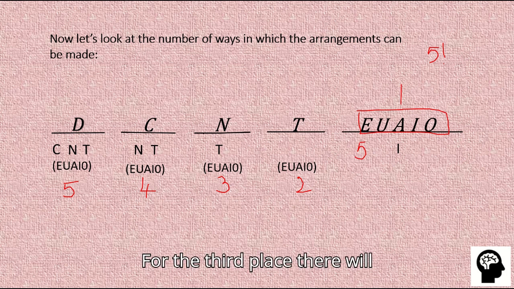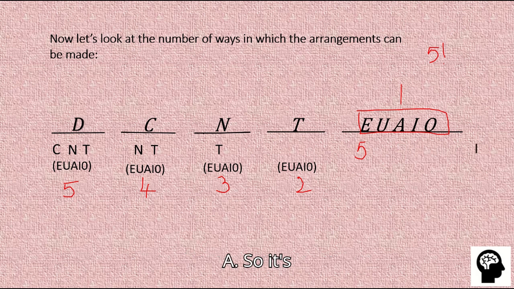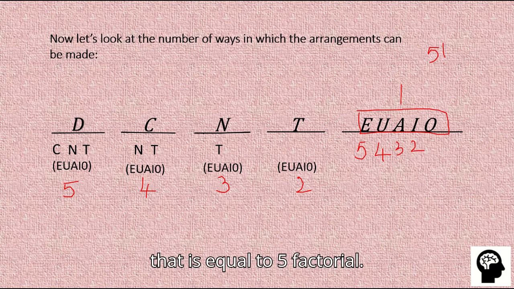For the third place, there will be 3 options including A. So it's A, I and O. For the fourth place, the options will be 2, including I. So it's I and O. In the last space, the only option is O. So it's 5 factorial.